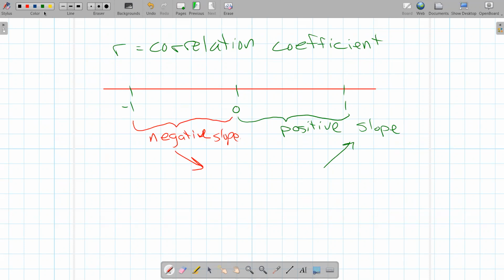Now, the points could be tightly packed or really scattered and cloudy. And so as far as that goes, if they're tightly packed, that's called strong correlation. So that means you'll get a number close to 1 or close to -1.